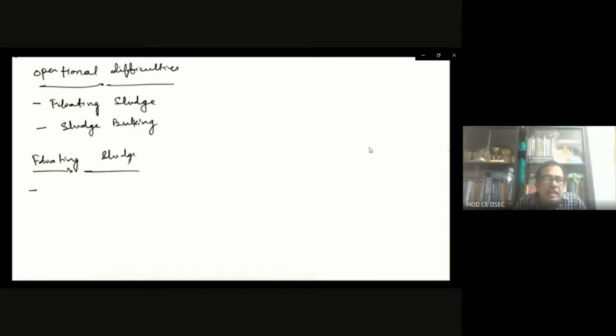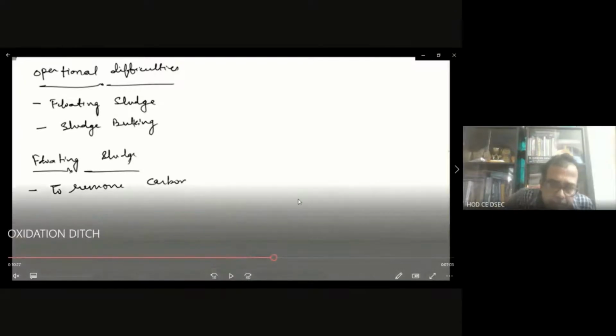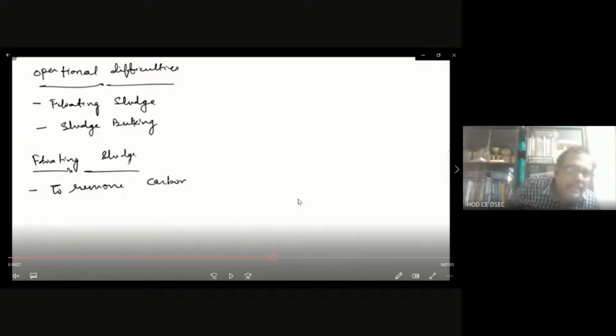What is the floating sludge? First let me explain what is the difference between floating sludge and sludge bulking. In the activated sludge process, suppose the DO, the dissolved oxygen, is more than optimum, then what will happen?